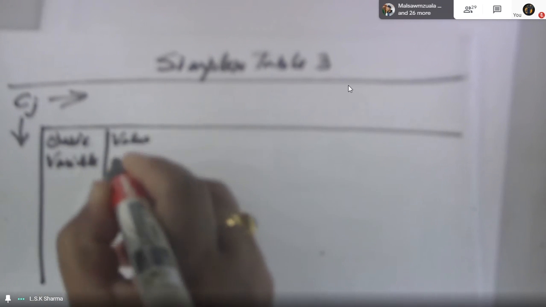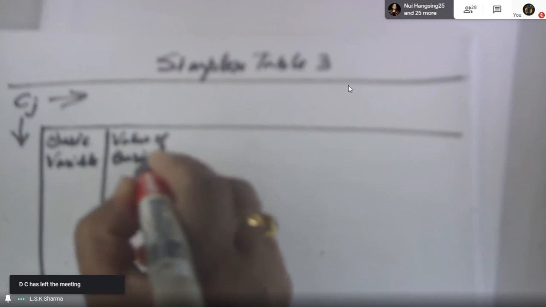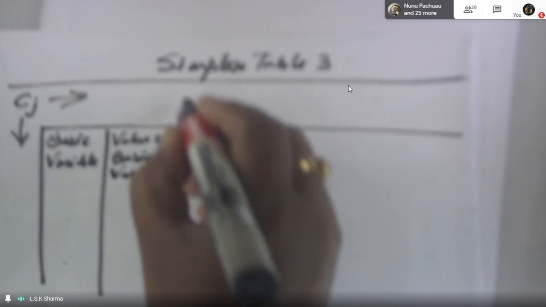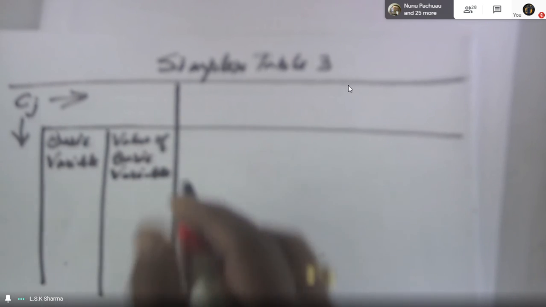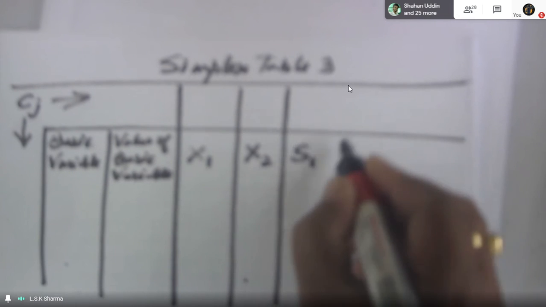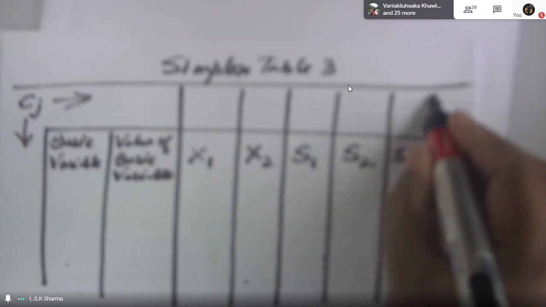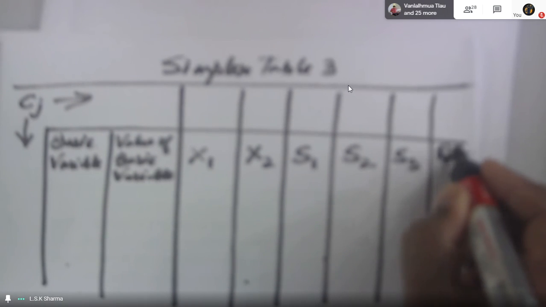Okay, then write down basic variable and draw another column, value of basic variable, then draw a line across from top, write down x1, second x2, s1, s2, s3, and the last one is ratio, and draw a line across again.